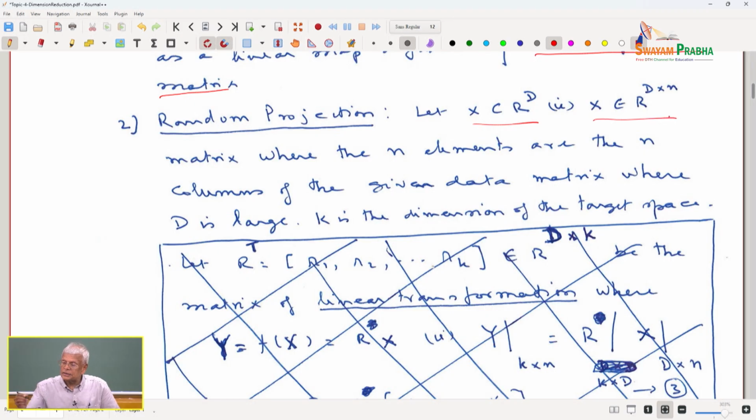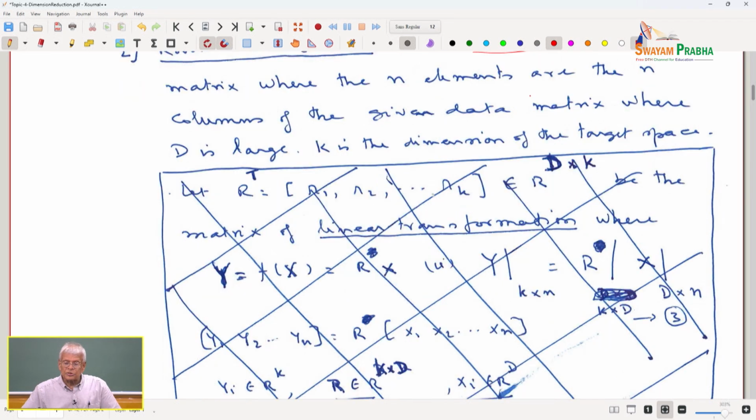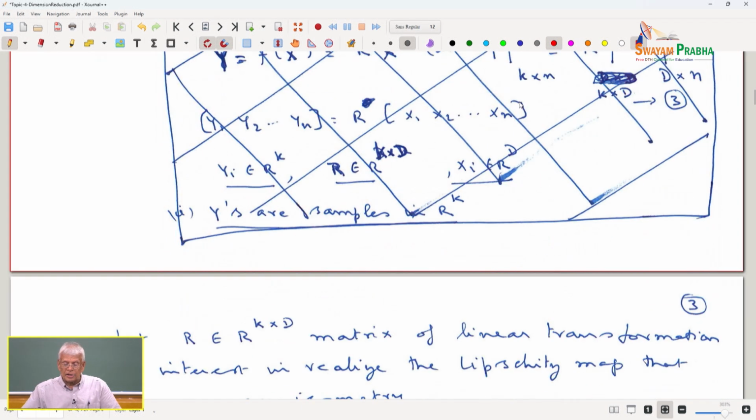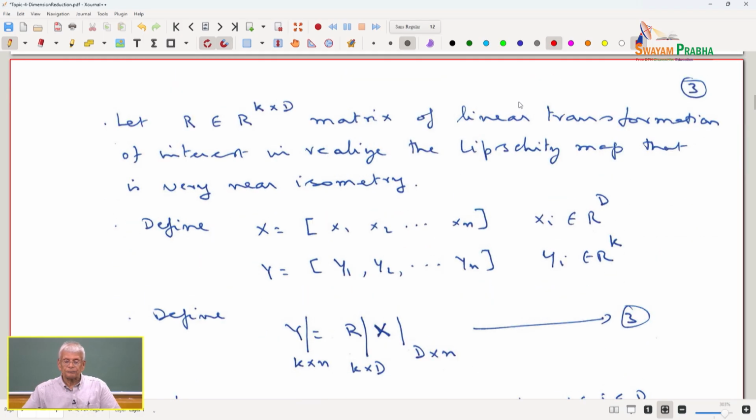That means X is a matrix of size D by N, where the N elements are the columns of the given data matrix, where D is large, and K is the dimension of the target space. I don't think there should be any confusion. I use capital R to denote the real numbers. Here I am also going to use capital R to denote the random matrix R. The juncture will tell you which one we are referring to.